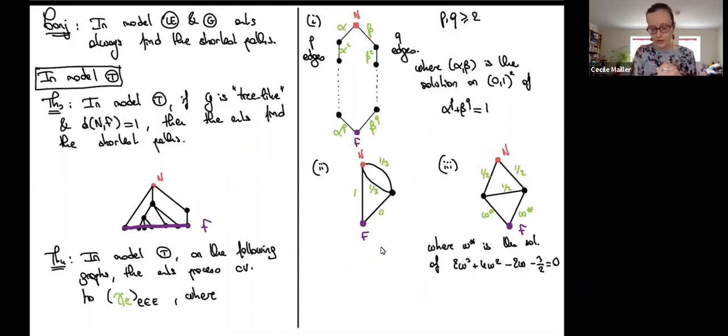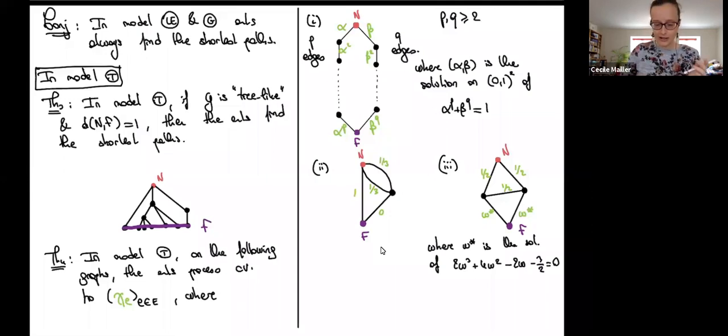So there is a conjecture, which is that for all graphs, the limit should be deterministic, except if we have double edges that are linked to the fluid. But otherwise, we believe that on any graph, the limiting weights, the chi_e's, should be deterministic. That's it for the results and conjectures.